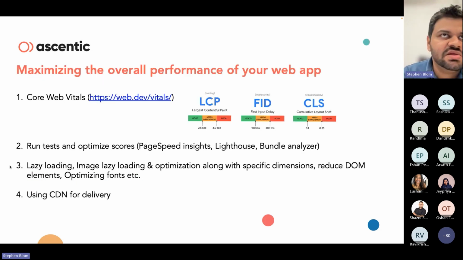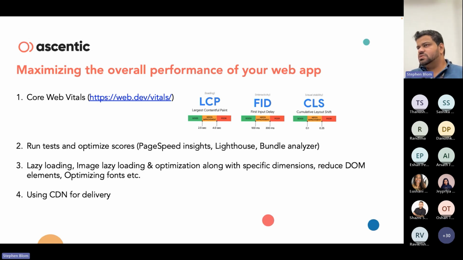Initially we touched on React performance, and now let's look at some changes that could affect our overall application performance. One of the main things you might be aware of is the core web vitals.